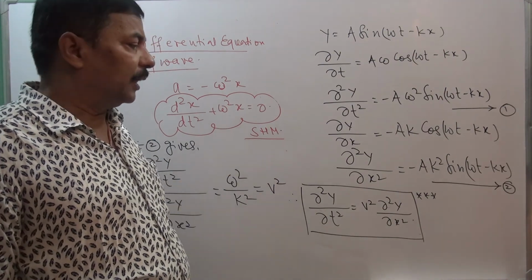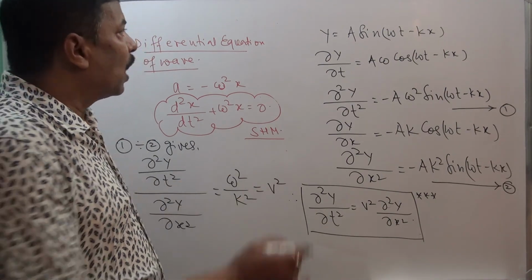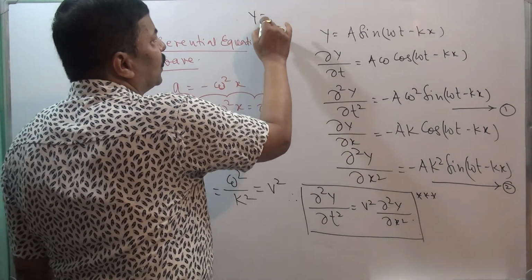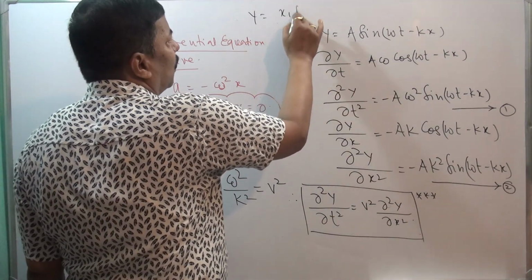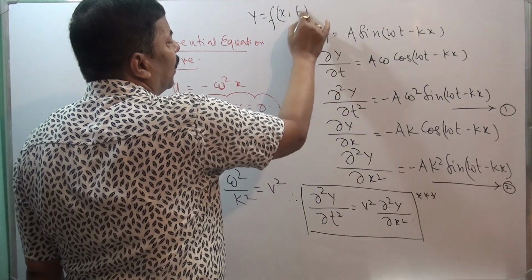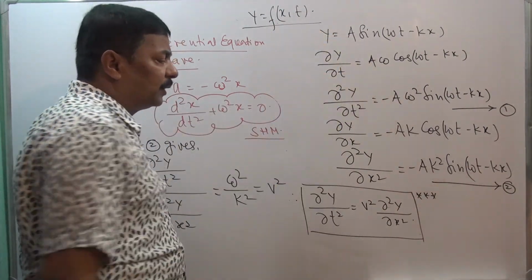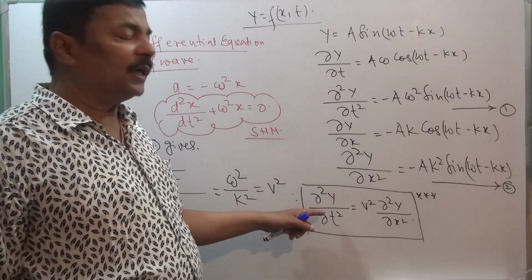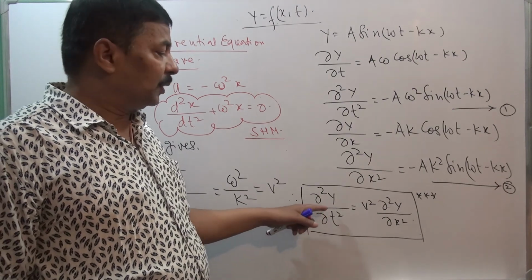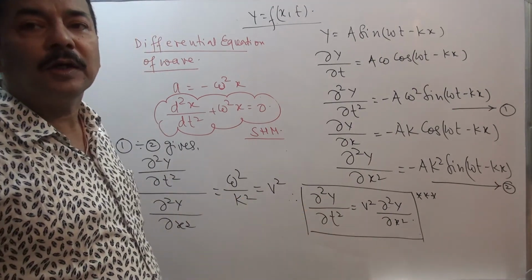Any function y of x and t which satisfies this equation is called a differential equation of wave.